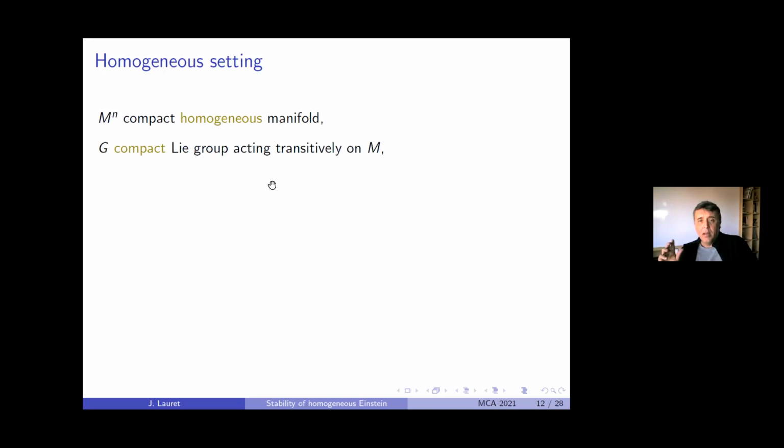It's the same manifold can admit action of very many different Lie groups, but also the Lie group can act on the same manifold in different ways. So what we are fixing here is M, G, and the action of G on M. That would be our setting.